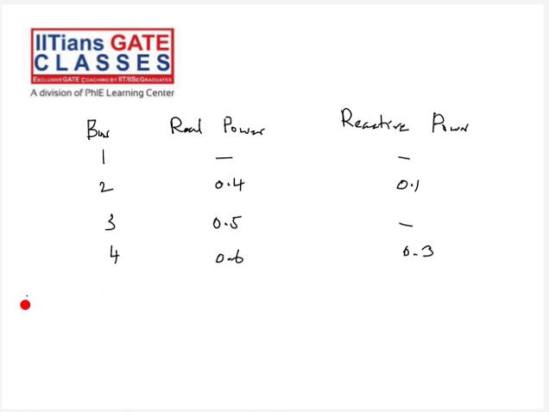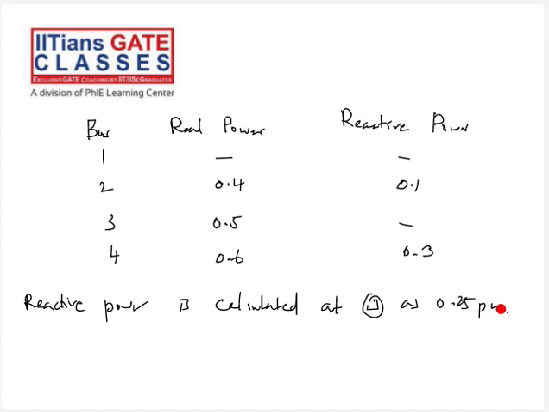So this is given. The question is reactive power is calculated, plus 0.25 per unit, if the network is lossless.